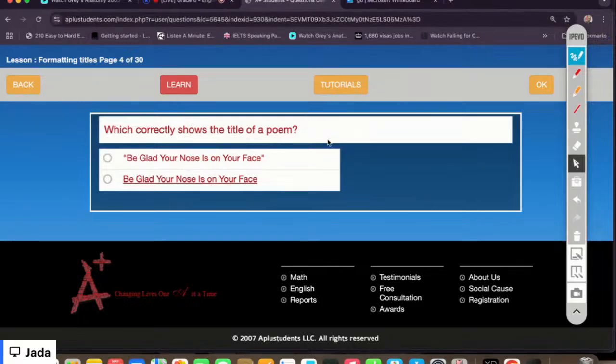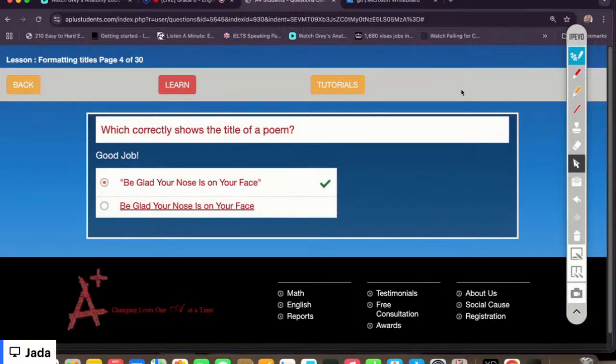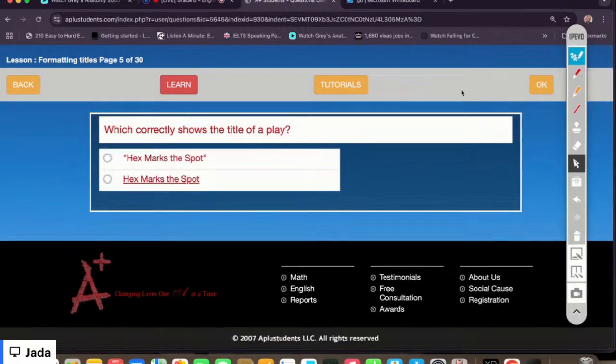So for the poem, we have the quotation marks. Okay. So which correctly shows the title of a play? Is it Hex Marks the Spot? So is it the first or the second?